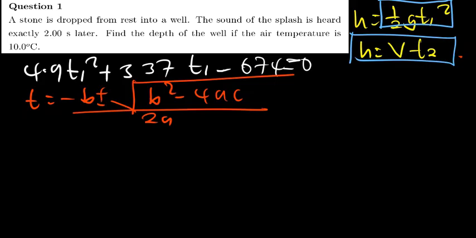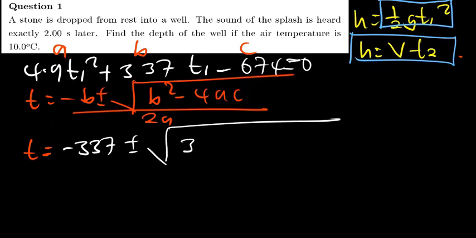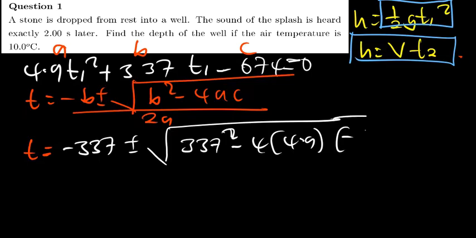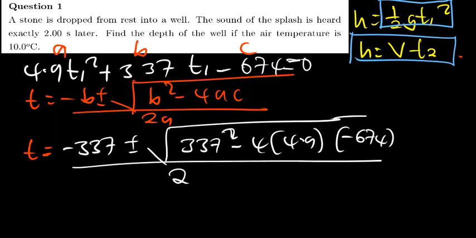So this is my A, this is my B, and this is my C. So T will be equal to negative 337 plus or minus the square root of 337 squared minus 4, the value of A is 4.9, then C is negative 674. I divide this by 2 times A, which is 4.9.